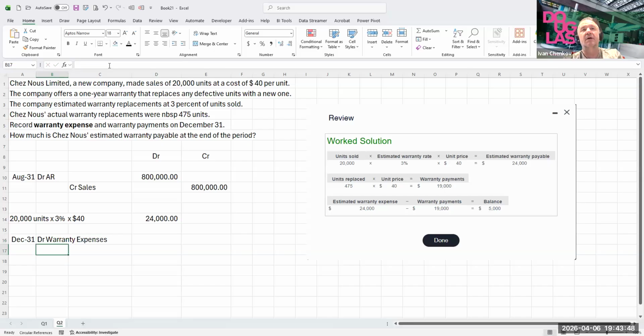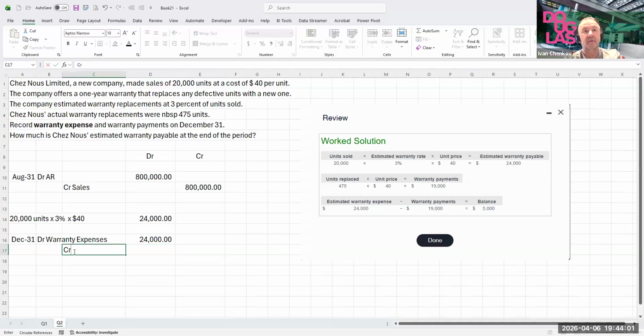If you don't know which account, again, read the question again. And how much are we going to record here? 24,000. Okay? And then we have to credit an account. For the credit, since what we did with this number, we estimated, correct?